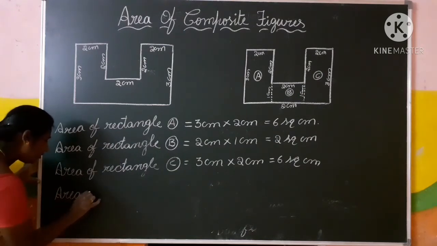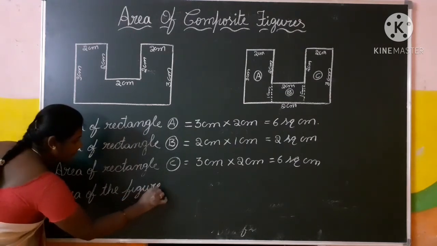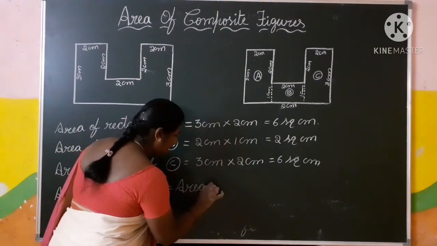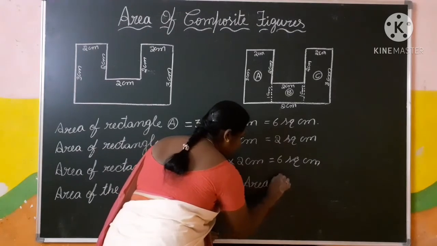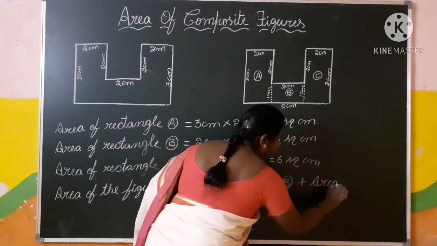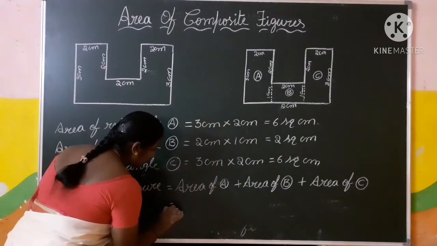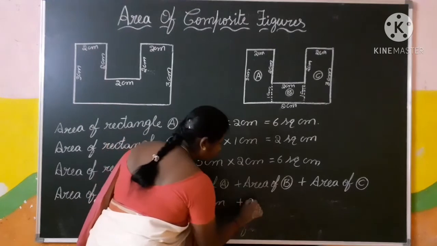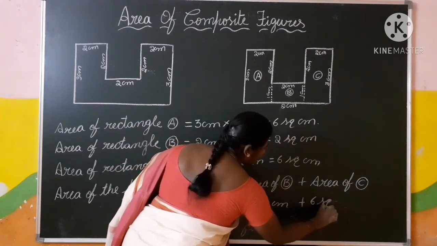Area of the figure is equal to area of A plus area of B plus area of C. Area of A is 6 square centimeters, plus area of B 2 square centimeters, plus area of C 6 square centimeters.